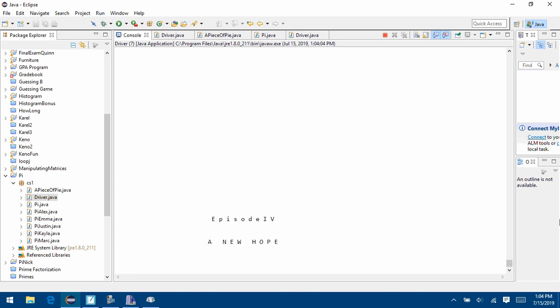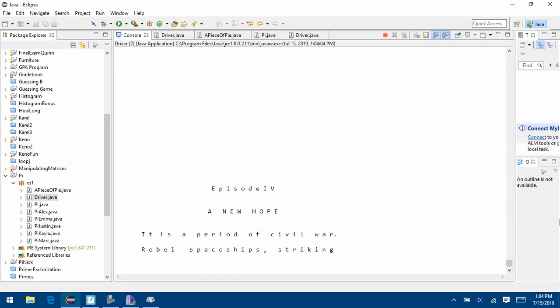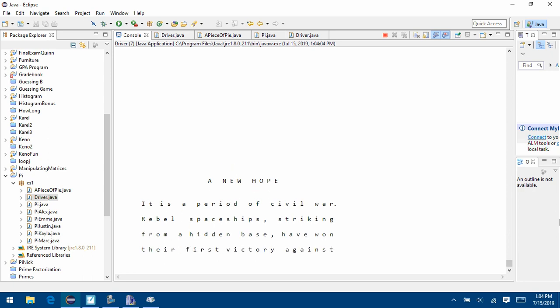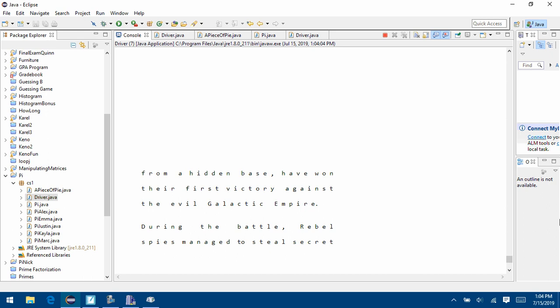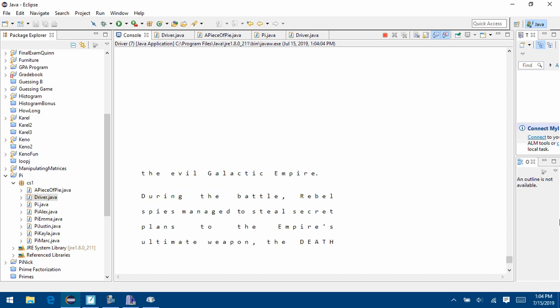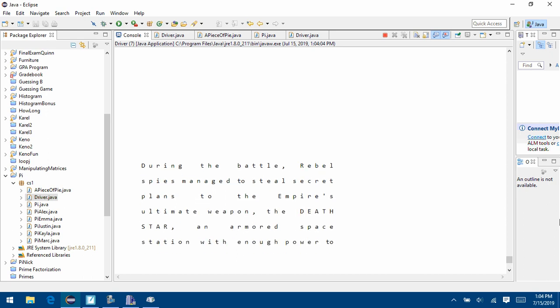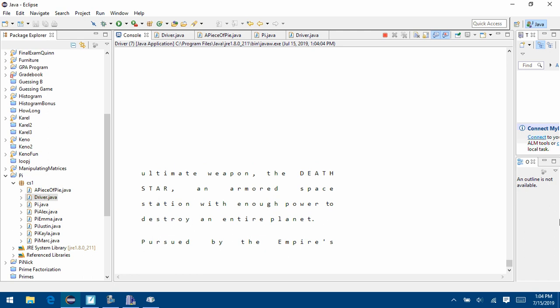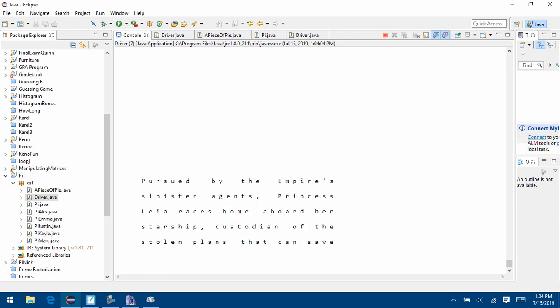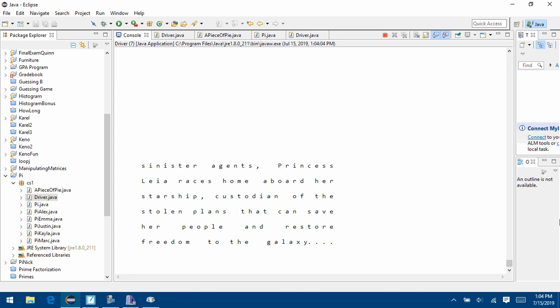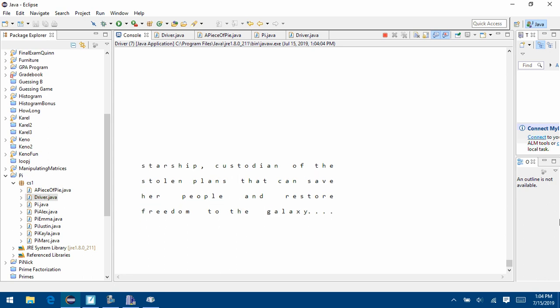This is Star Wars Episode 4. And it's crazy. You can find this all online, and you can put it into Eclipse, and they actually have the entire movie. Now, Alex didn't do the entire movie. He just did the opening here. And as you can see as it goes through, it really is the exact same as the movie. But I think online they have the entire movie in code like this.